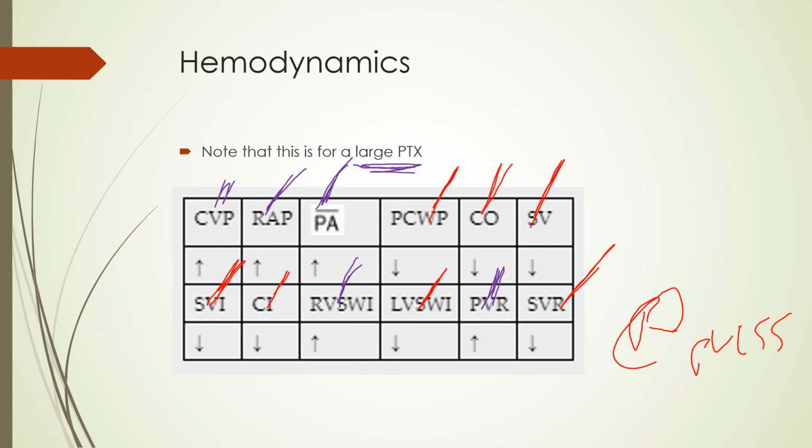Remember, blood return to your heart is decreased. So, in a severe large pneumothorax, all my left-sided heart pressures are going to be decreased. All my right-sided heart pressures are increased.